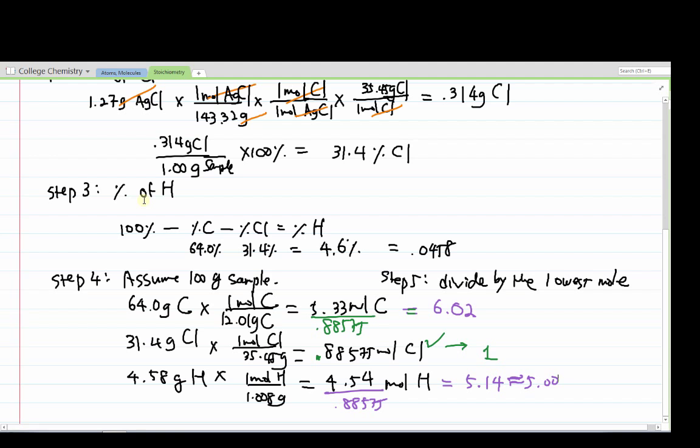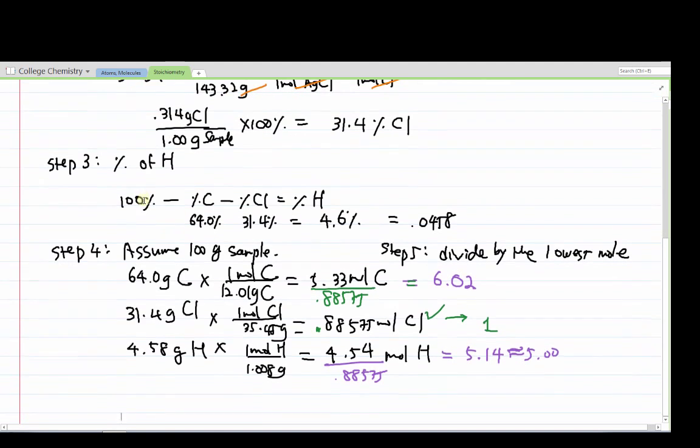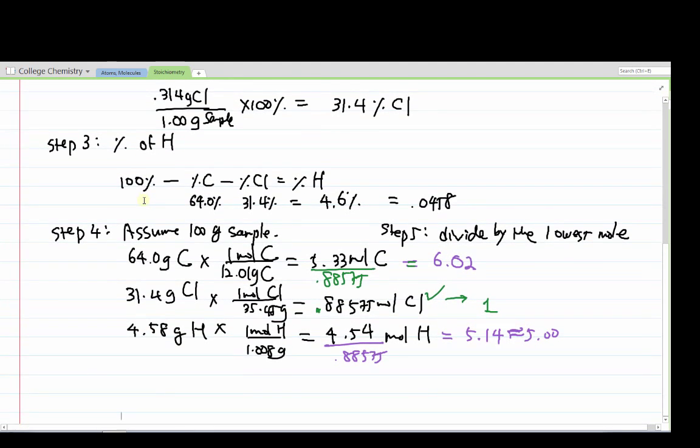So we identified our lowest ratio: C6H5Cl. That's our organic compound, and it's the empirical formula.